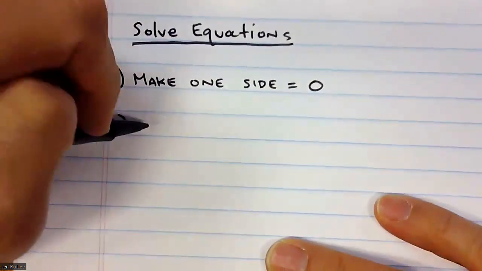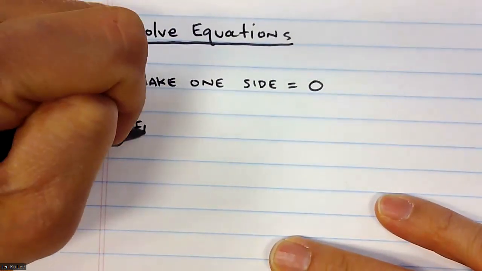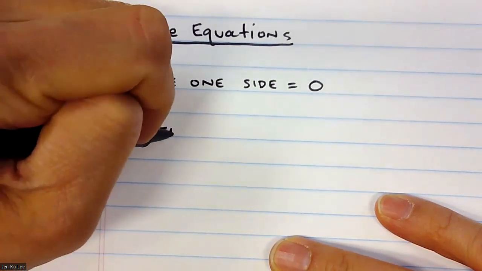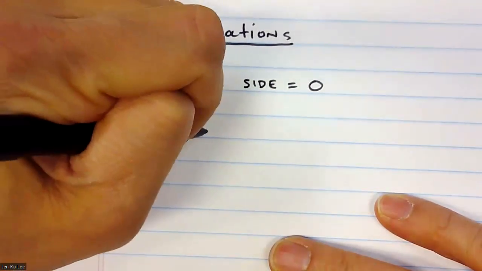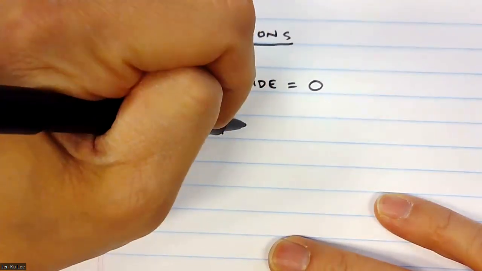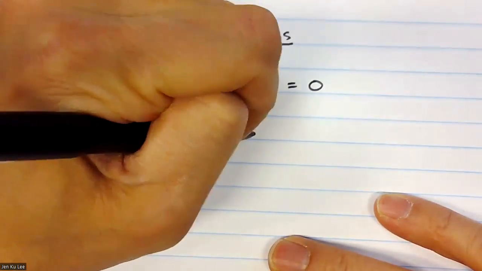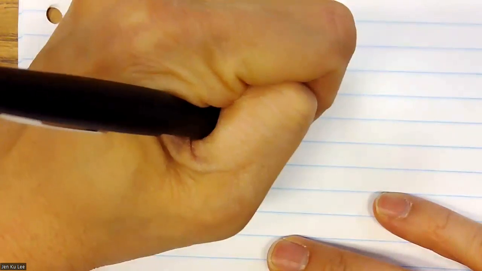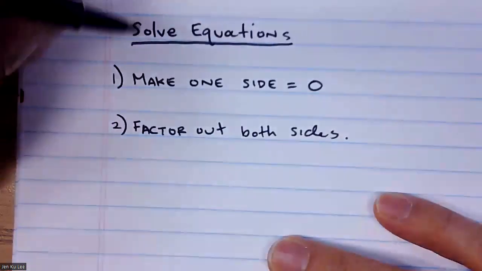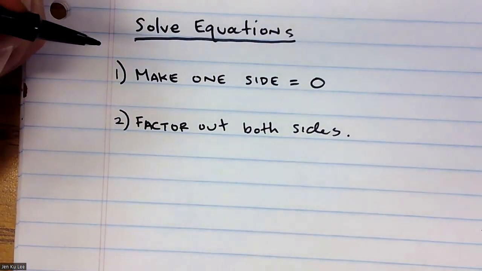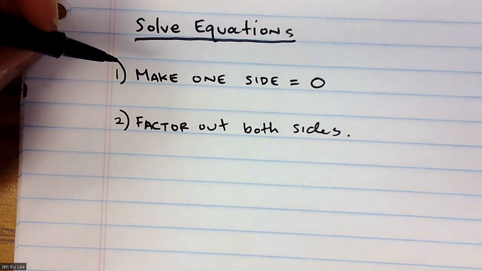Second step is to factor out both sides. But one side is going to equal 0, so that one side has that equation.